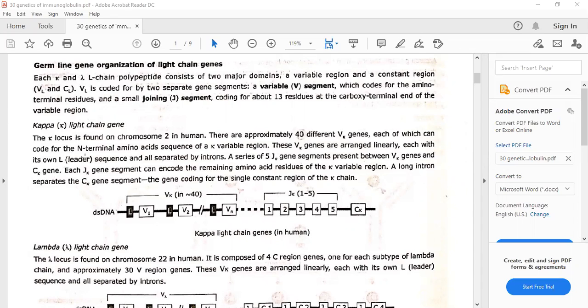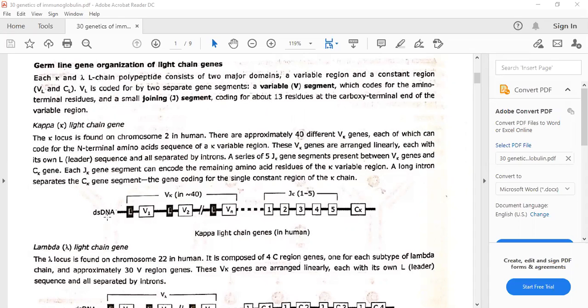In the light chain, there are two types, kappa and lambda. In the kappa light chain, as we are observing here, the light chain is composed of the variable V segment and the joining J segment. The V segments are in the range of 1 to 40.